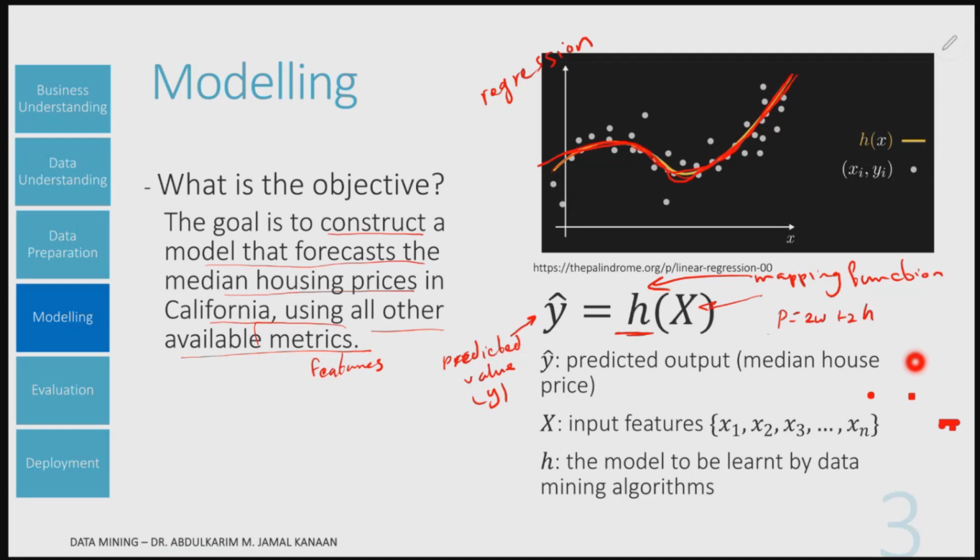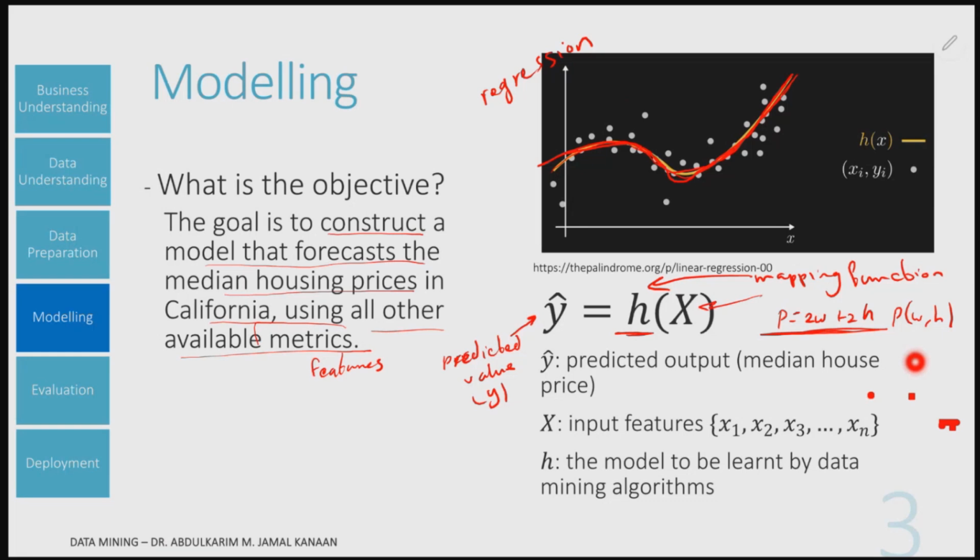This function, let's say we call it perimeter of W, H, is the way to map between the width and height and the perimeter, which is the value. The rule, because after all, we're looking for rules when we apply data mining, right?